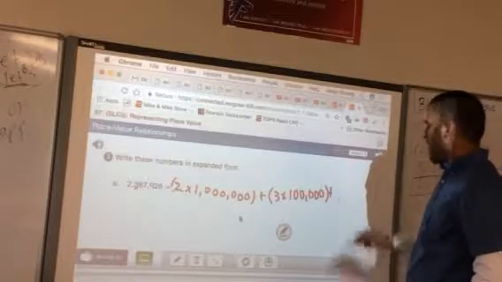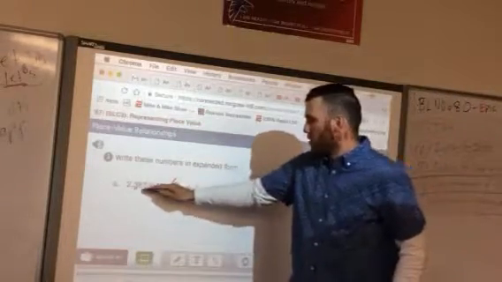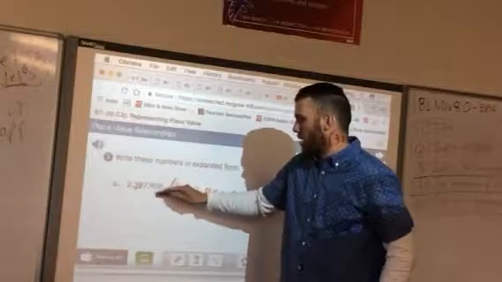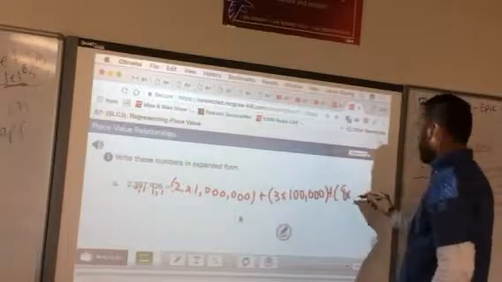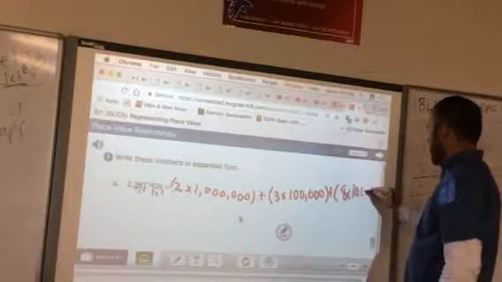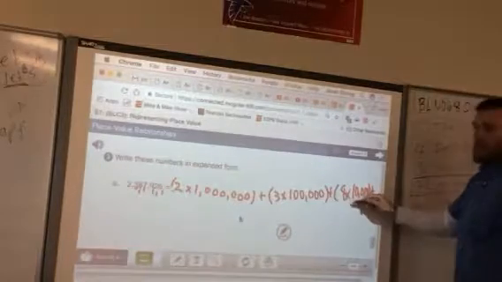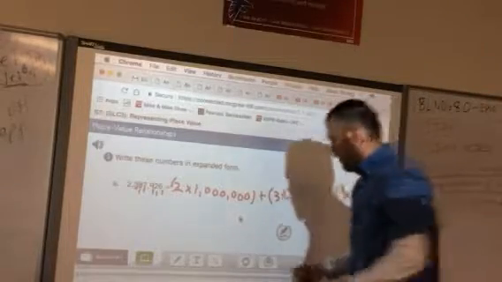Now we have to look at our 8. What place value is that in? Ones, tens, hundreds, thousands, 10,000. So our 8 is in the 10,000s. So we take 8 times 10,000. Got my times sign in the grouping symbols, my plus sign out. Now let's go on to the next one.